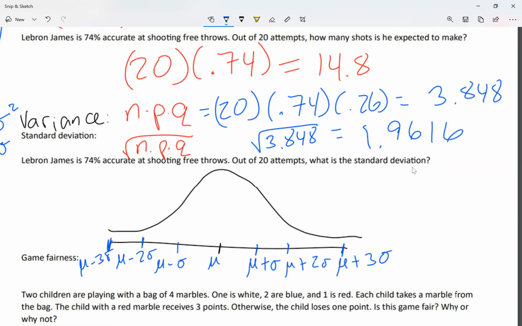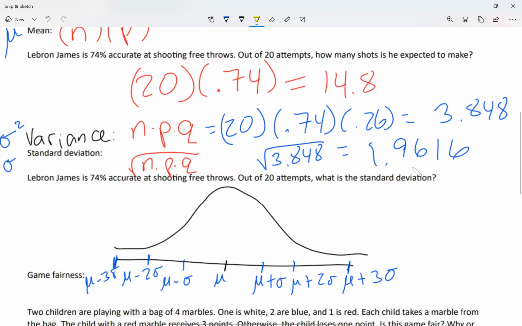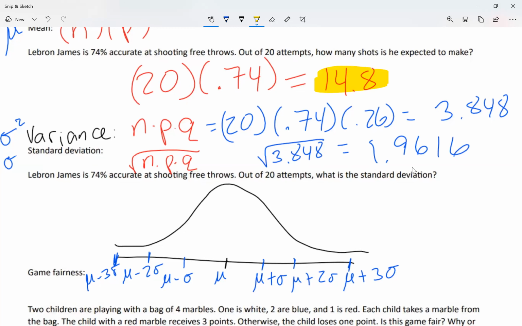All right, so now for accuracy, we know LeBron James is 74% accurate. I just found out that he's expected to make 14.8 shots. So I'm going to say my mu here is going to be 14.8, my expected value.